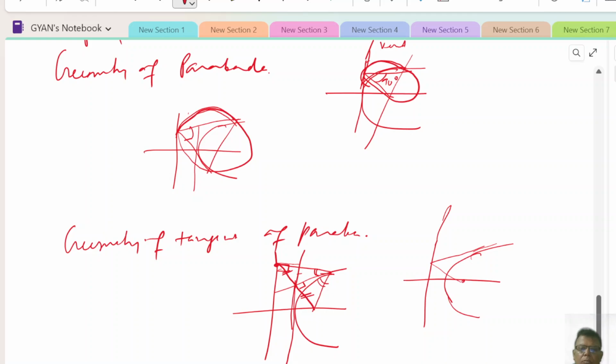So this point and this point make 90 degree here. So these are all geometry.